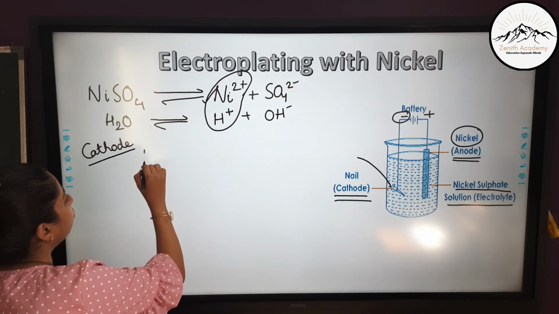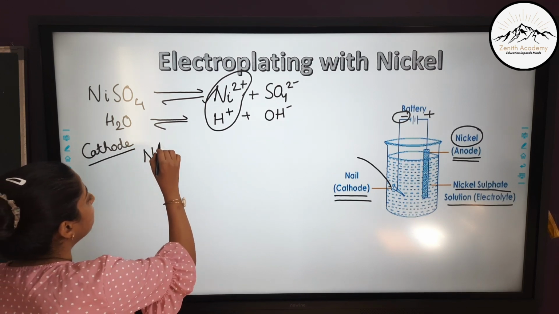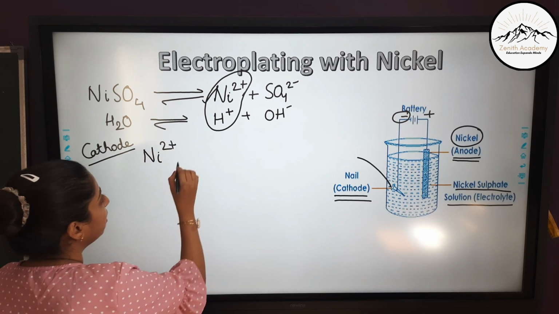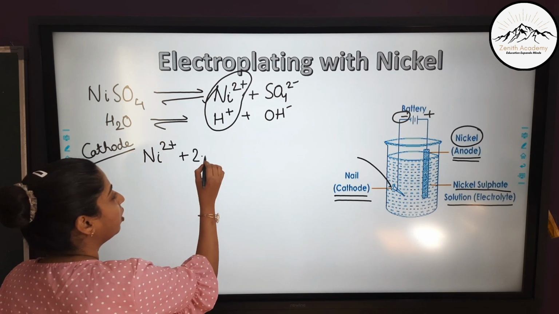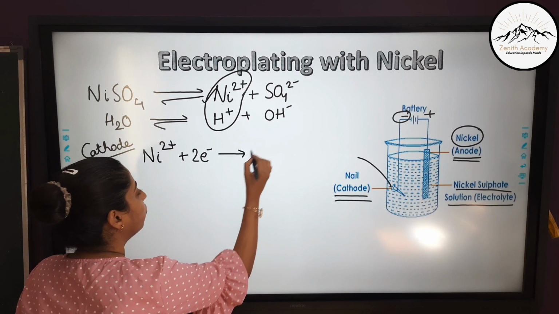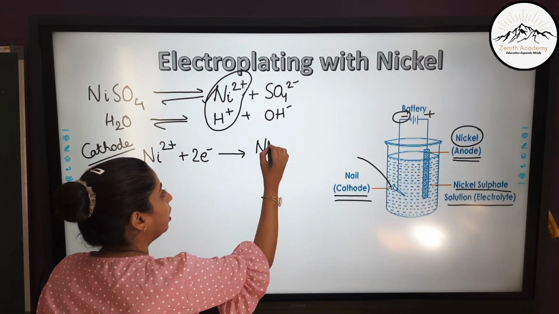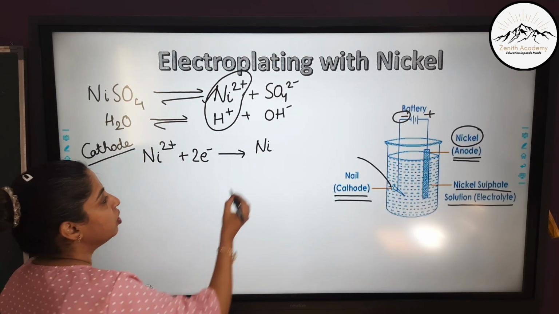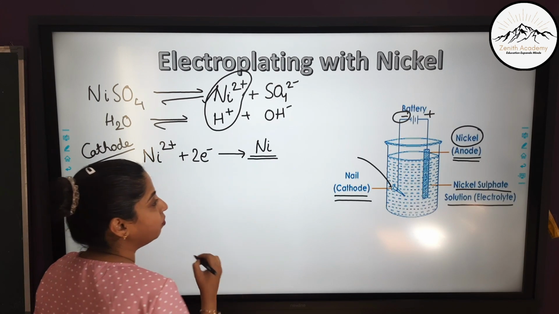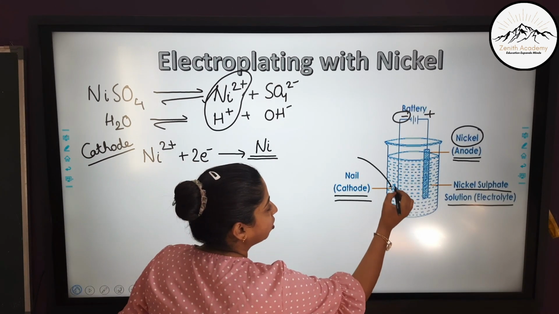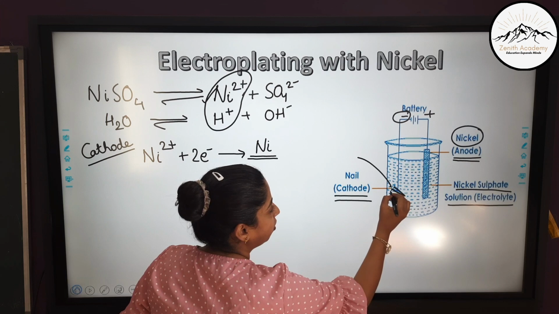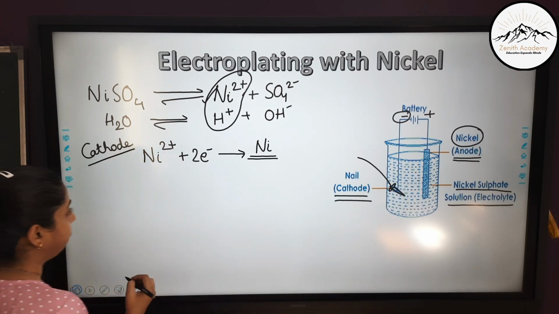So at the cathode, Ni2+ migrating there accepts 2 electrons and gets converted into a nickel atom. This neutral nickel atom will get deposited on this nail, and it will keep on getting deposited on this nail.